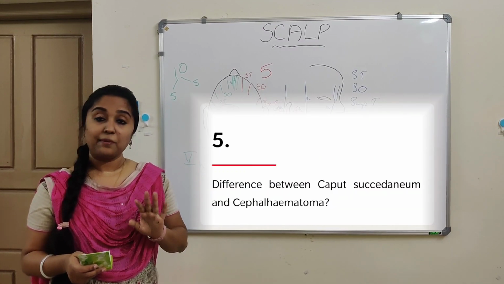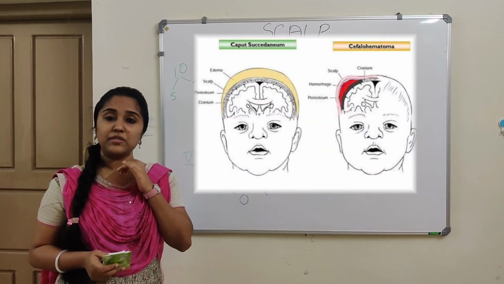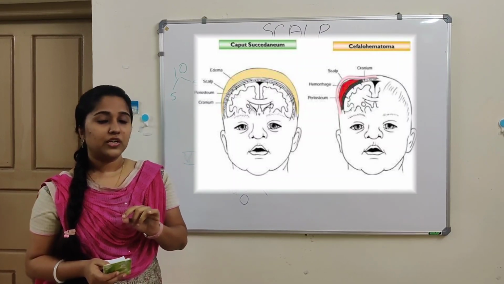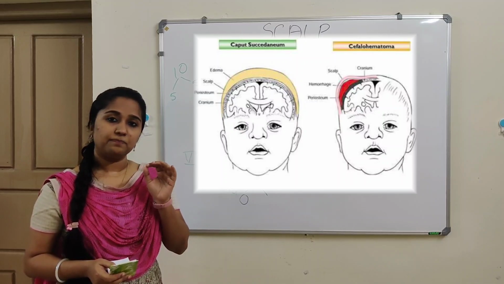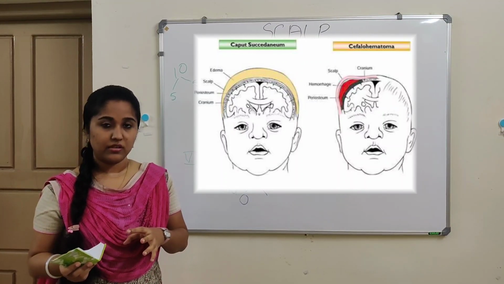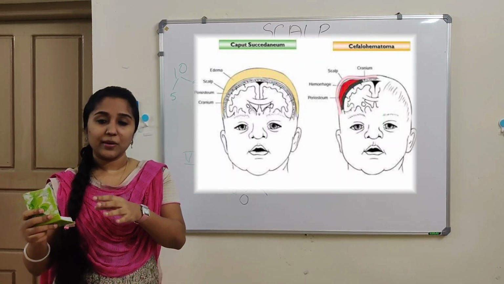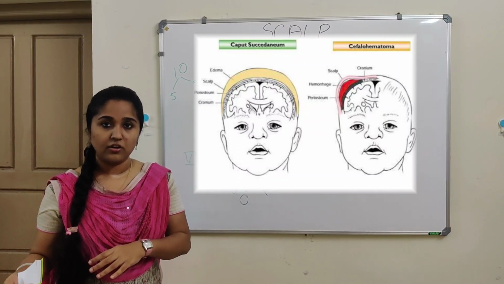Now, the difference between caput succedaneum and cephalohematoma. So, we have seen caput succedaneum is a condition in the fourth layer. Cephalohematoma is a condition related to the fifth layer. Okay. So, caput succedaneum is a temporary edematous swollen condition, whereas the cephalohematoma is not temporary because it takes a period of a few months to resolve.